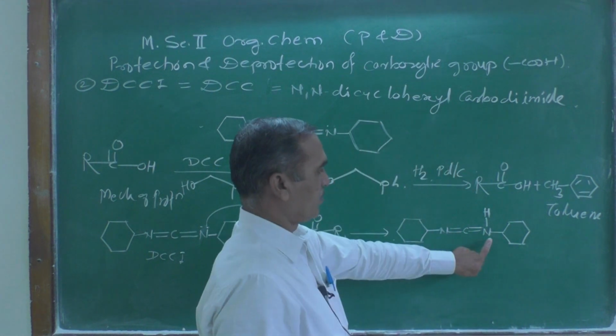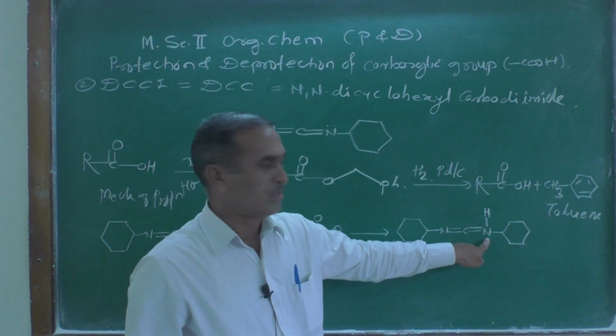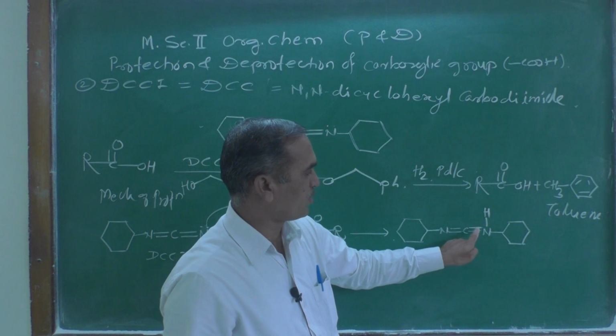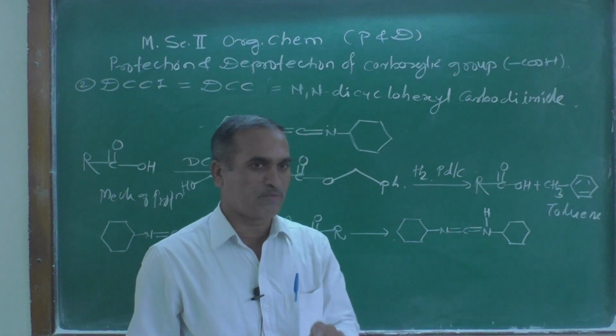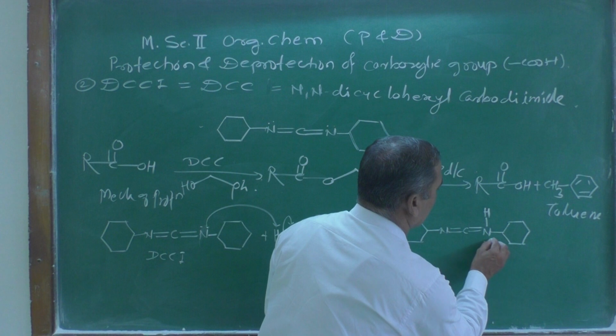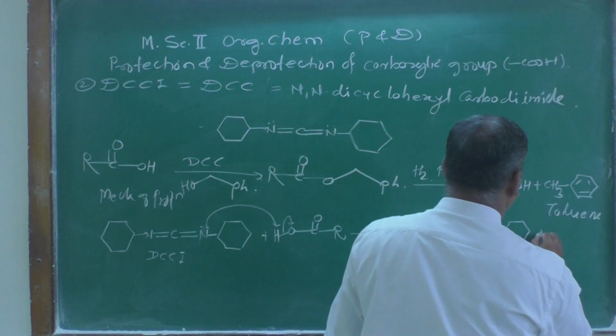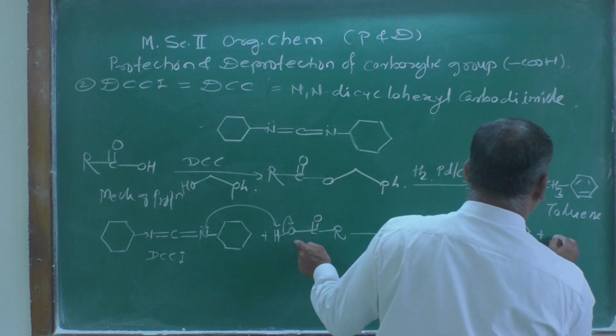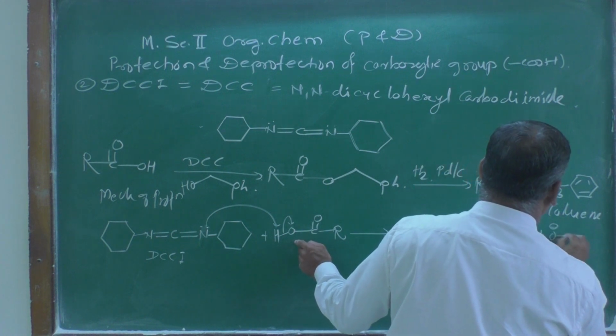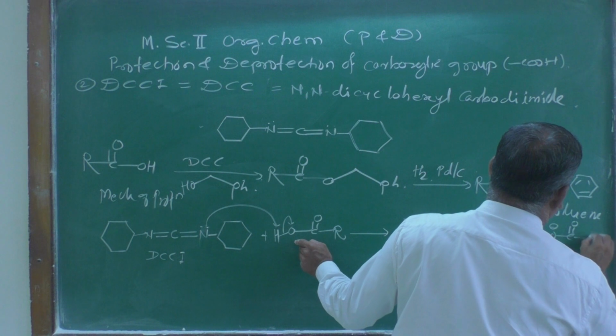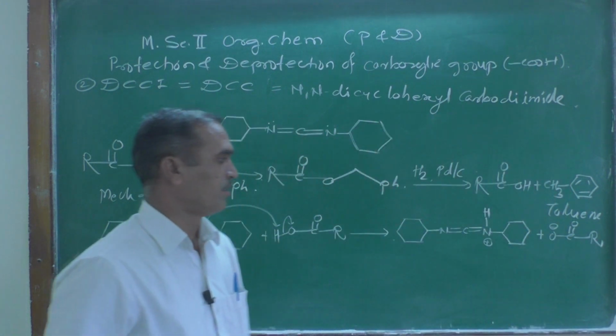Now look at here, the nitrogen atom carries 4 bonds, 1, 2, 3 and 4. Therefore positive charge comes on that nitrogen atom, and the other remaining thing, the negative charge here, C double bond O, and this one is R, right?